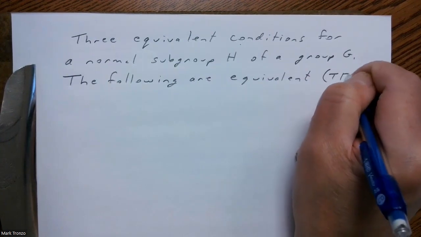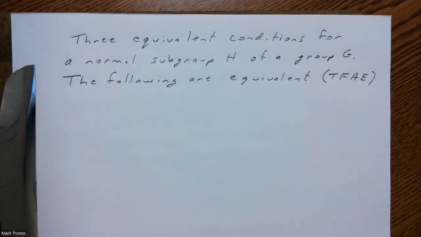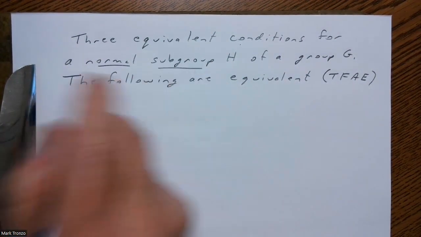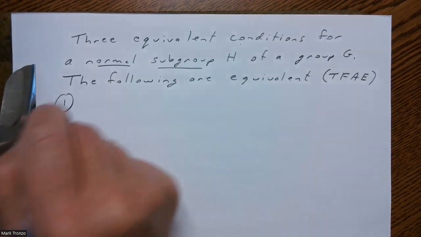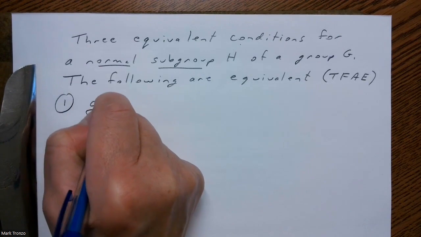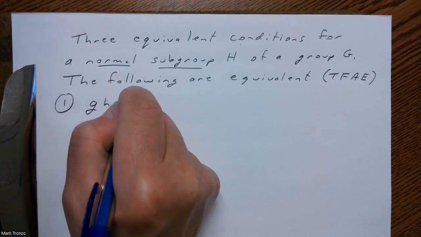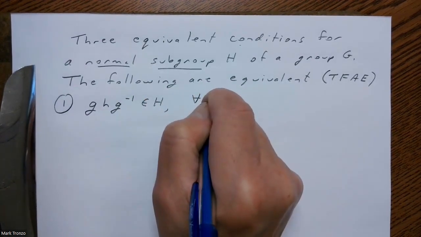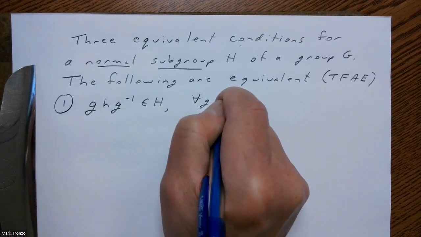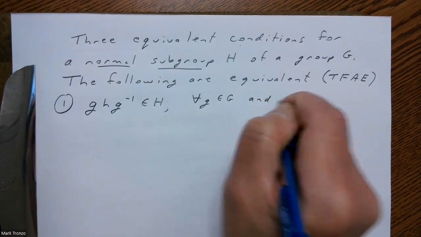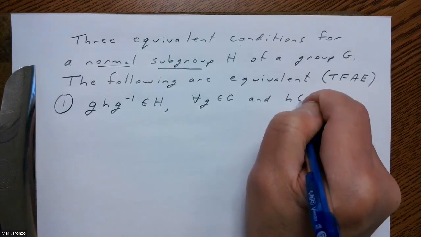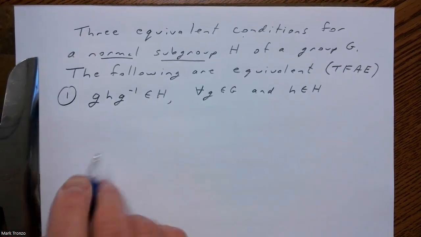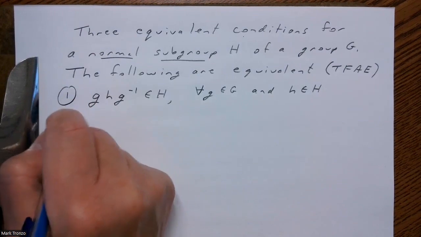A lot of times they'll just put TFAE. And so number one, if you want to test for a normal subgroup, one test you can use is if gHg inverse is in H for all g in G and h in H. That's one thing that'll tell you if this is true, then we have a normal subgroup.